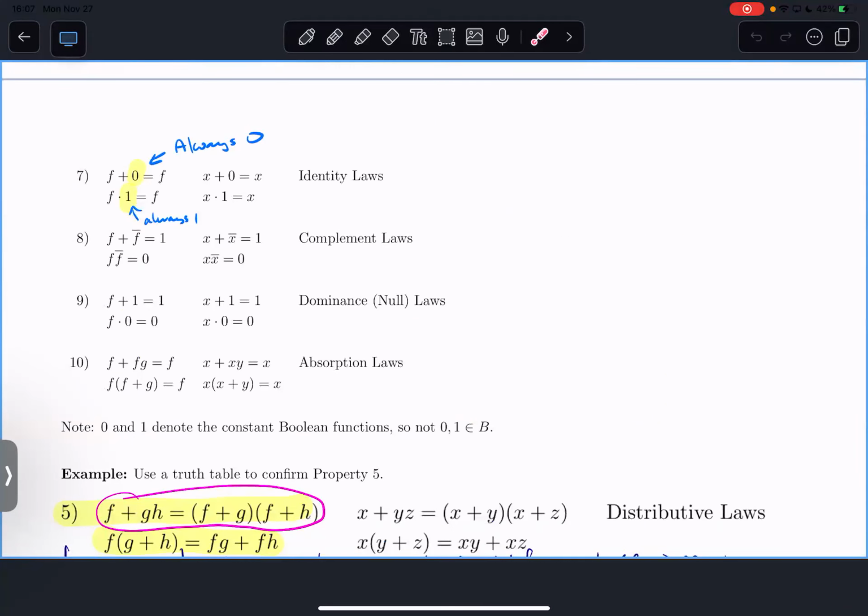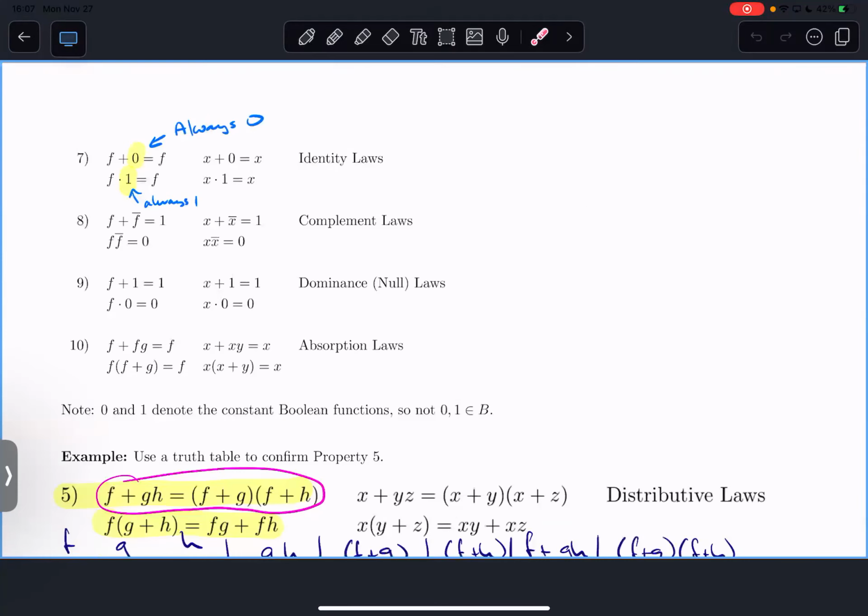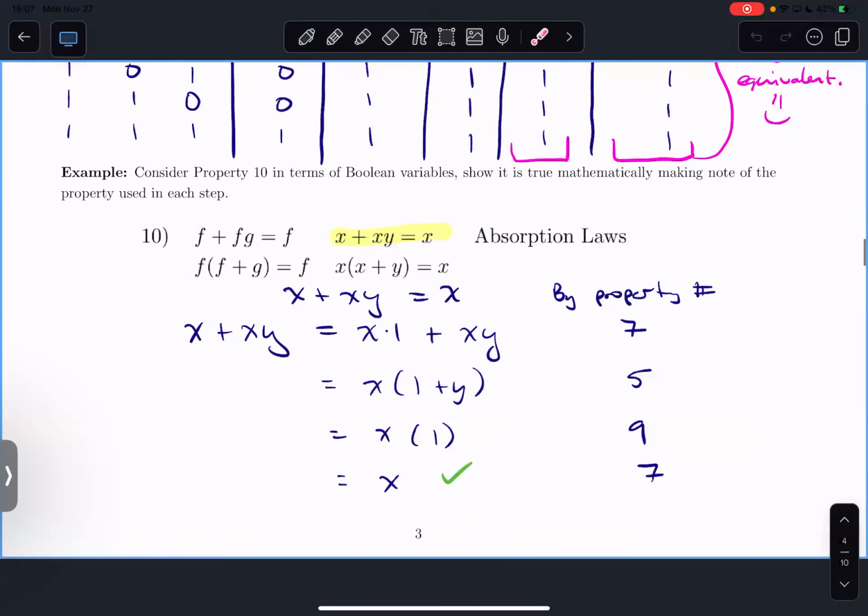If you don't have a copy, you can grab it here. We use the complement laws: x plus the complement of x is 1. So to multiply by 1, you can multiply by x plus the complement of x. That's going to be a go-to move.